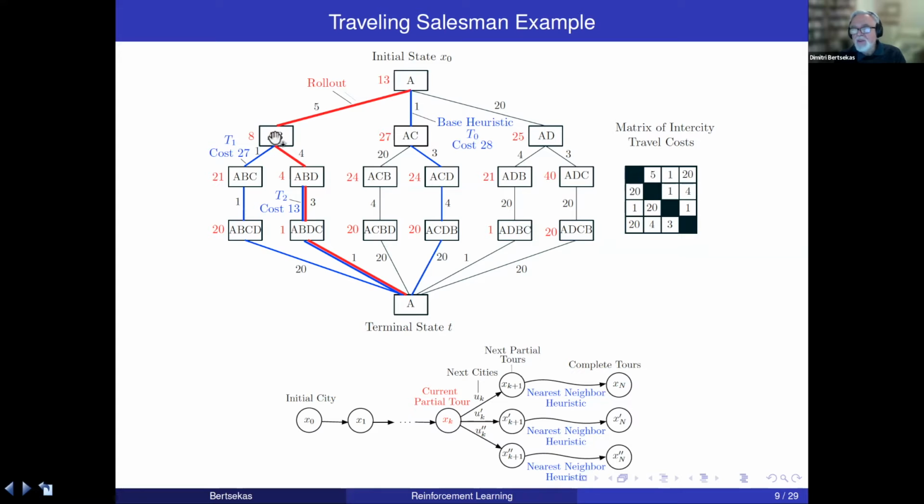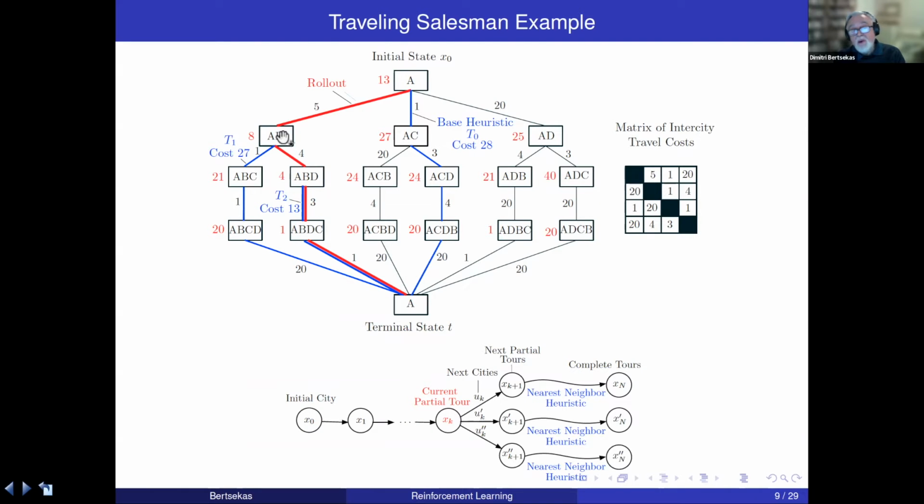Now we do the calculation again. We look at the possible choices, C and D, and from each one of those, I run the base heuristic, which actually there's no choice, and we compare the cost of this branch and this branch. And it is this one.